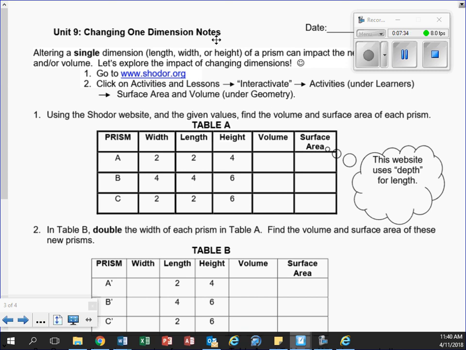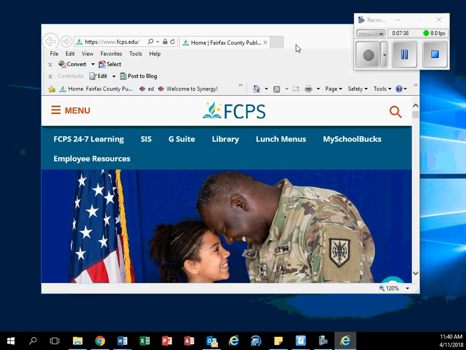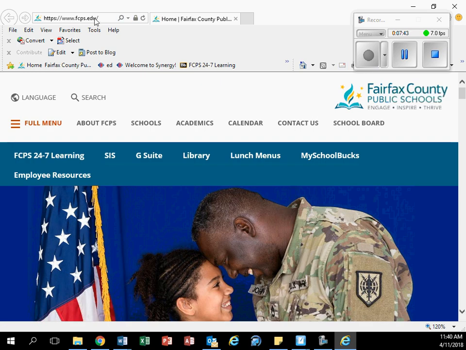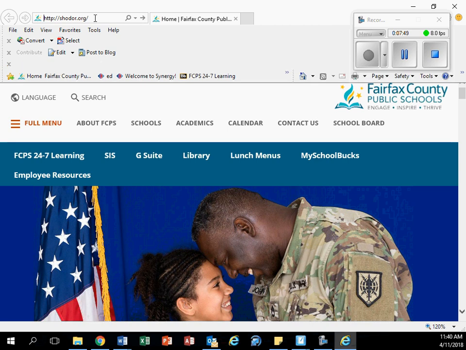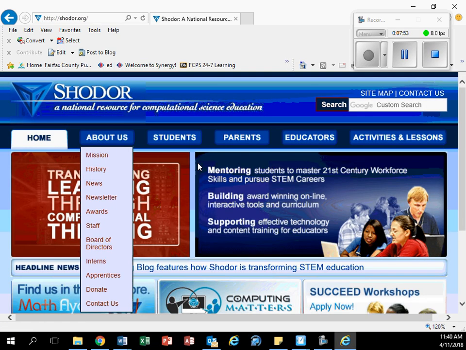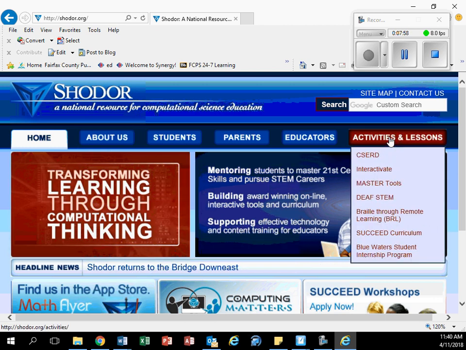So the first thing we're going to do is we're going to escape out of here, and I'll let you guys get there. And you're going to come to your Explore page. In your Explore page, you'll just type in Shodor.org. Now, this is the correct place to be. We're going to go to Activities and Lessons, okay?